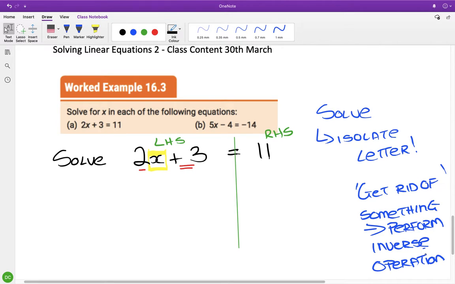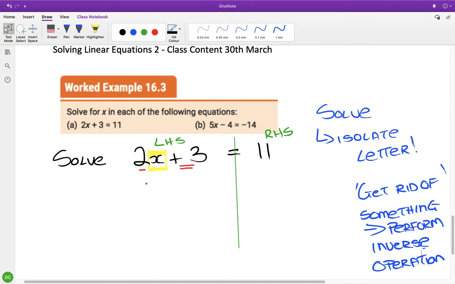Okay? You also start the thing that's closest to x, you will do last. Okay, you always do that last, the stuff that's closest in to the letter that you're trying to isolate. So you kind of work from the outside in type thing. Okay?